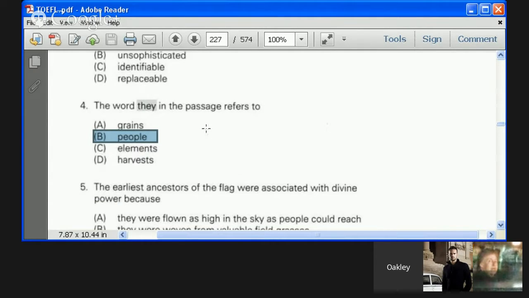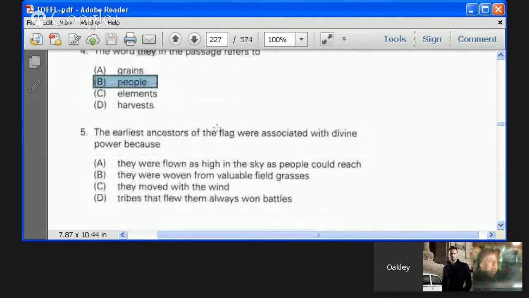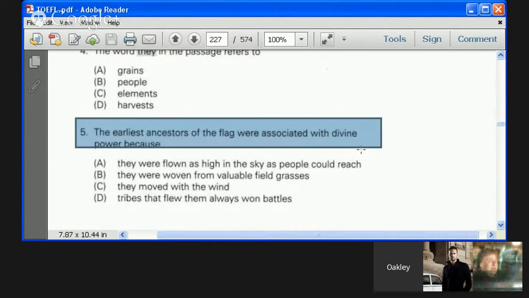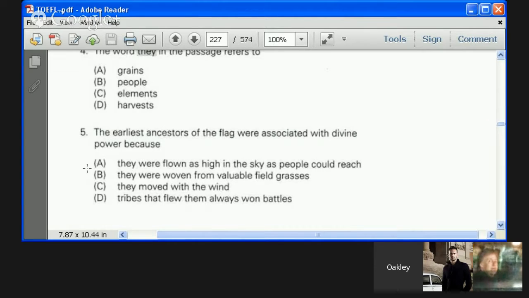All right, we've got like a minute left. Giovanni, see if you can. You only have a minute left in the test. Okay, the early ancestor, the flag, because they were flown high in the sky. They moved with the wind. Okay, I need to search the word ancestor or divine power in the text, and then check close to divine power.